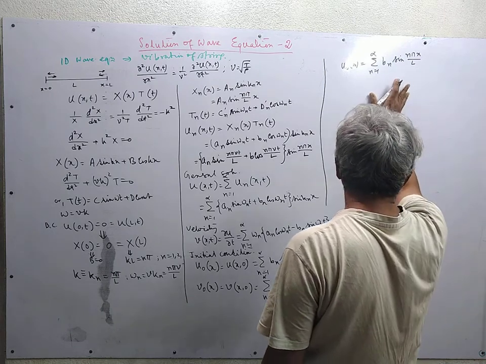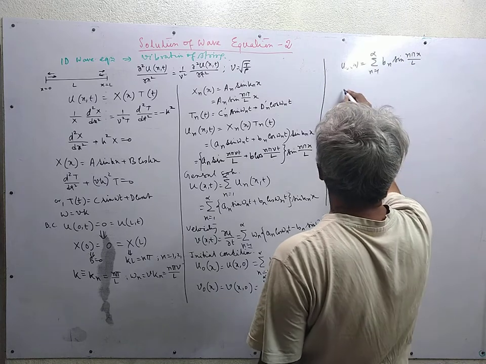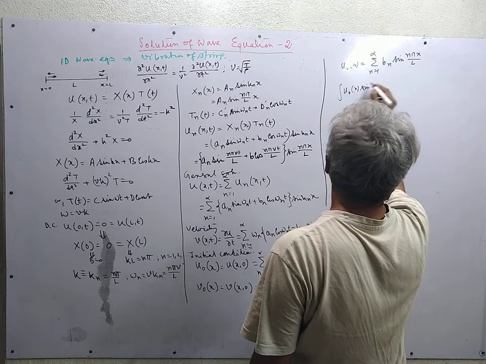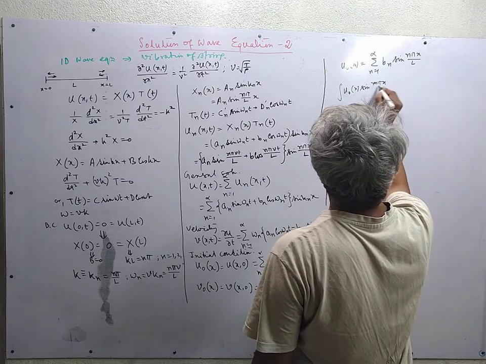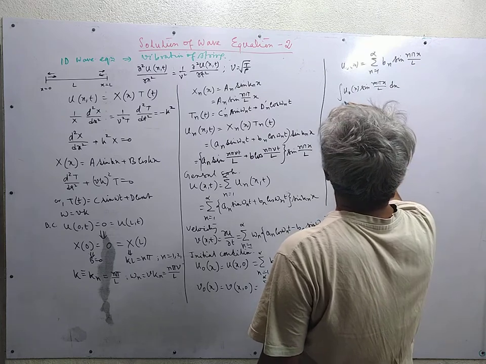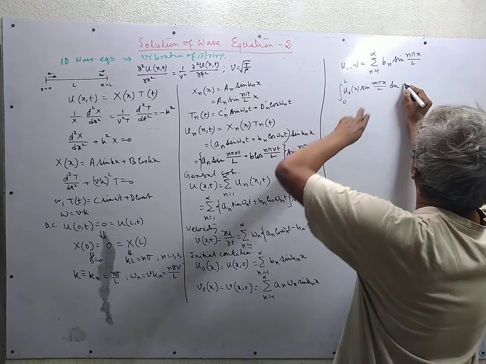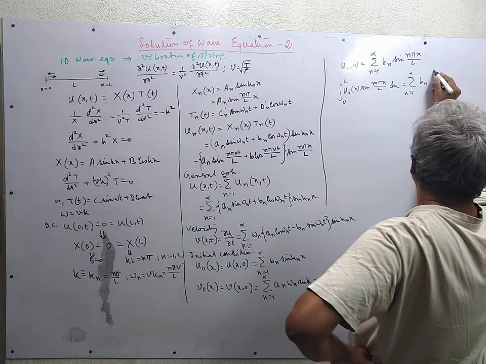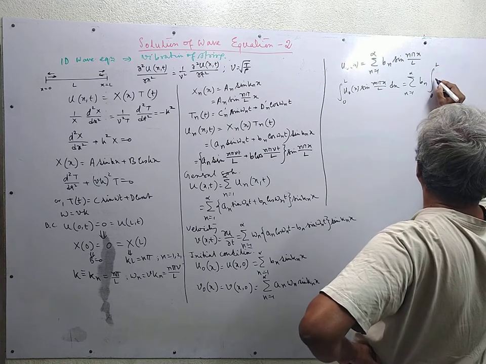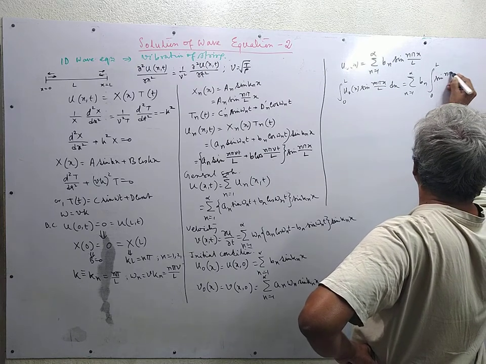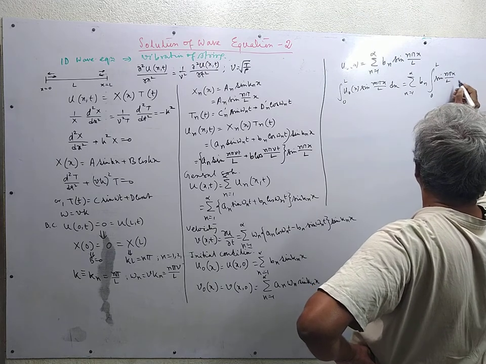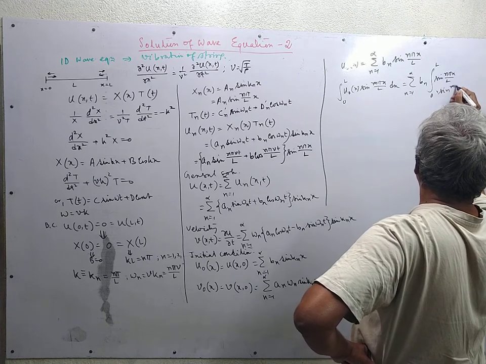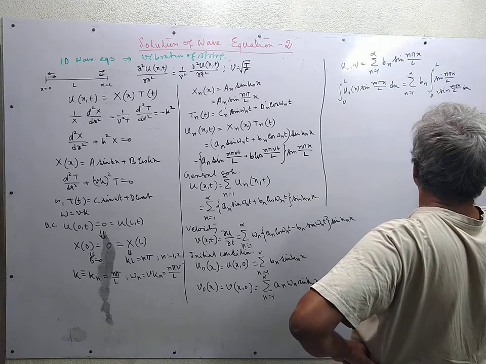We multiply both the sides by sine of m pi x by l, so we write u0 of x sine of m pi x by l, and integrate it dx from 0 to l. On the right hand side we have bn, then within integration 0 to l, sine of n pi x by l into sine of m pi x by l dx.